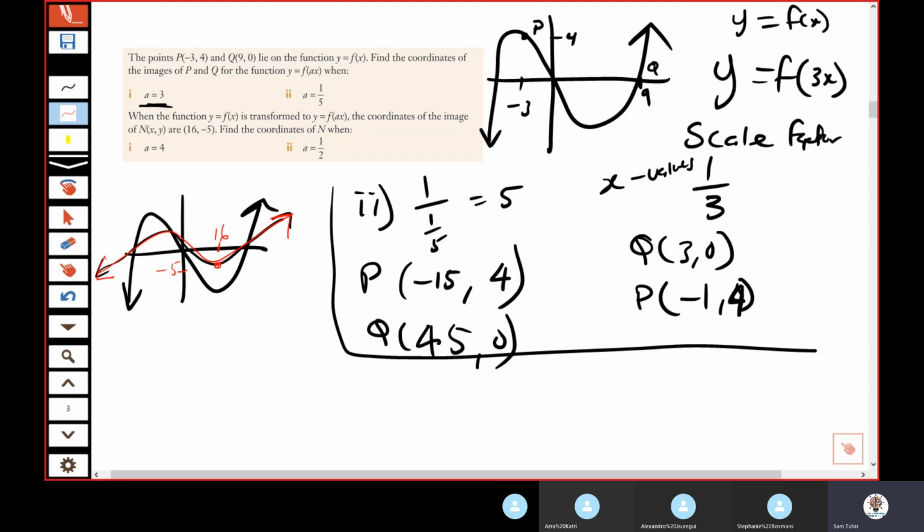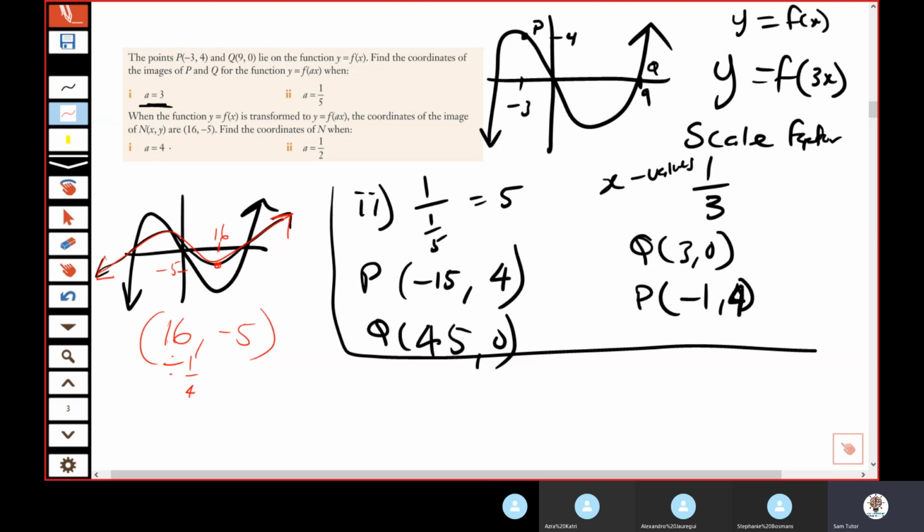You want to work out what it was before it was transformed. Well, the way we did the transformations, obviously, were very straightforward. We would have got our original and multiplied it by a third. So this time you're going to get your new one, (16, -5), and divide this by a quarter.